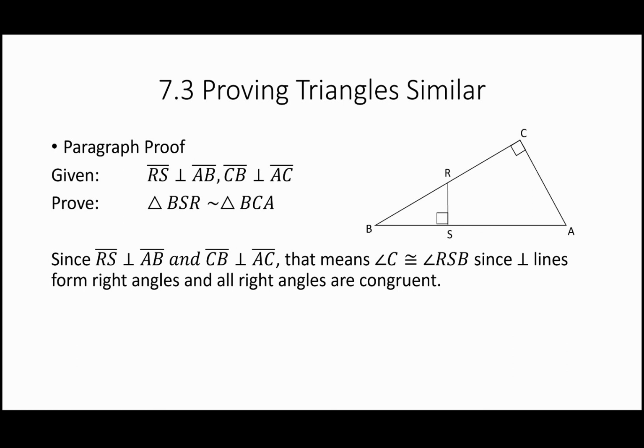Watch how I do it here. I notice that B, this angle right here, is the tip of the little triangle and the big triangle at the same time. So it's congruent to itself via identity, and I'm writing this out in English. I hope that's okay for you guys. You could certainly use symbols instead, saying since angle B is congruent to angle B. You could do that if you wanted to.